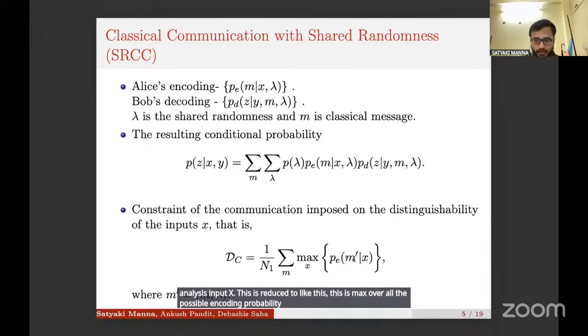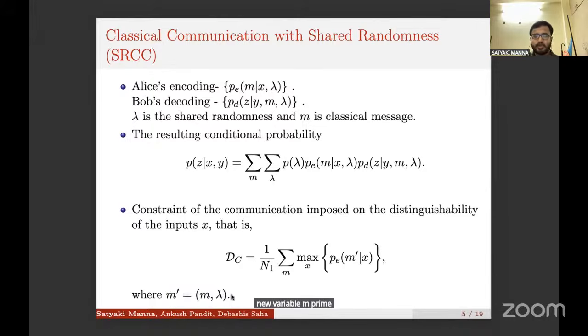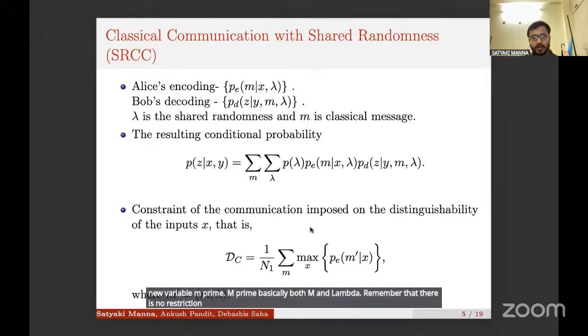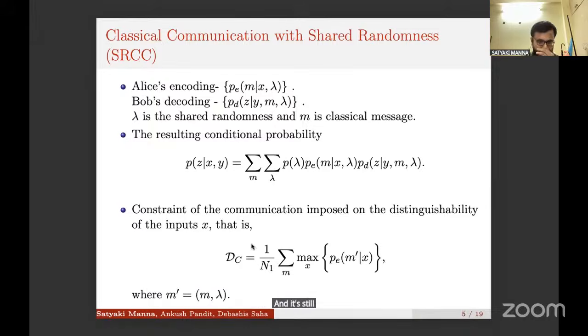Here we define a new variable m prime, which is basically both m and lambda. Remember that there is no restriction on the number n. In principle, n can be infinite. So any shared randomness can be included into the classical message, and that will not increase the distinguishability.